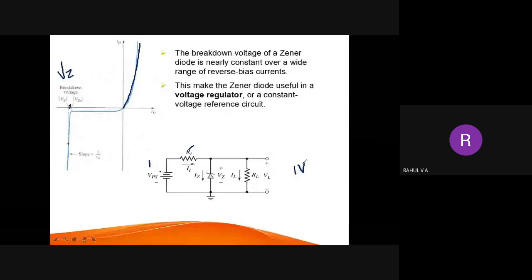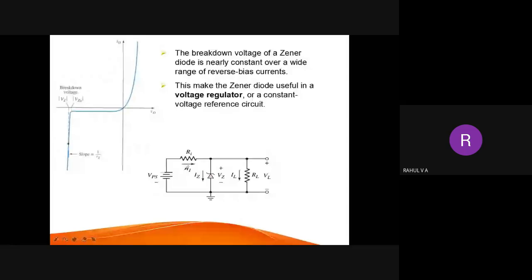When it is 3 volt, you are getting 3 volt. Nothing happens. When it is 5 volt, you are getting 5 volt. Assume this Zener diode is of 5.1 volt.